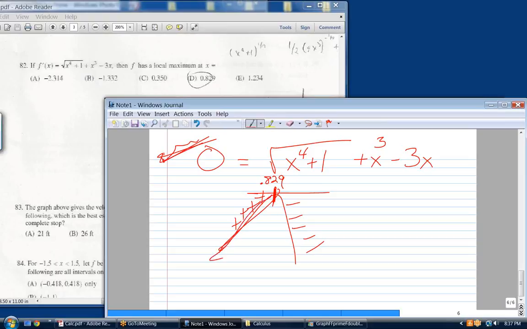To the right of 0.829, we need a negative slope. So if I plug in 0.83, that should be a negative number. It's got to be negative to the right, positive to the left. If it's the reverse, then it's not a maximum, it's a minimum. Notice that if we have a minimum, it's negative prior, positive coming out.